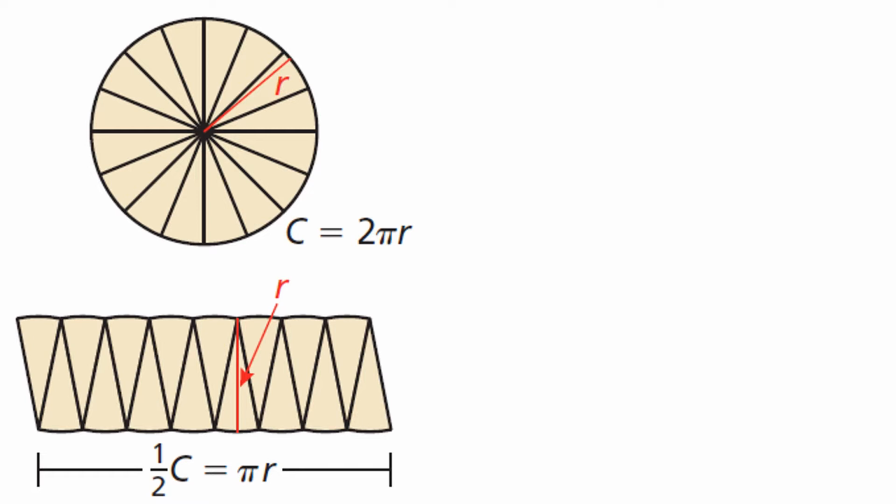Now again, that does not look like a rectangle, but if I can make the slices thin enough, it becomes closer and closer and closer to a rectangle. And of course, since half of the crust is on the length of that rectangle, it's half of the circumference, also known as pi times r.